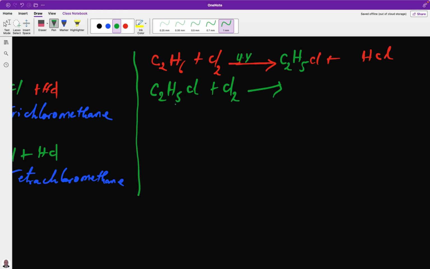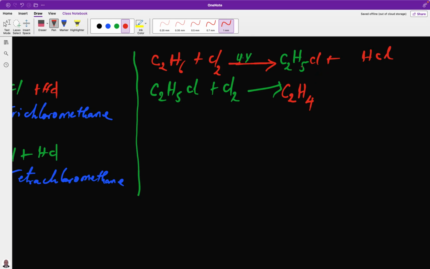We keep on substituting the hydrogen. All the hydrogen atoms, we will keep on substituting them one at a time. The first hydrogen has been substituted. We are on 5 hydrogens now. Now, one chlorine atom comes to substitute it. We will have C2, instead of 5, we'll have what? C2H4. When chlorine substitutes it, the number of chlorine atoms is increasing.